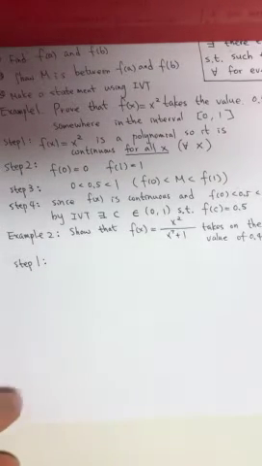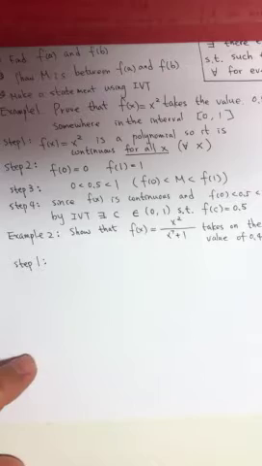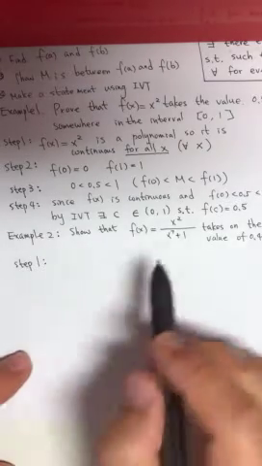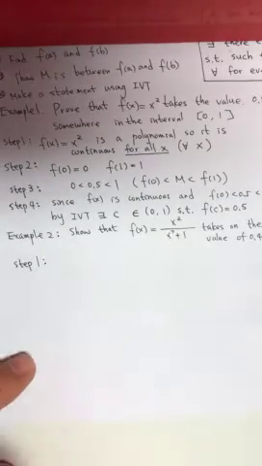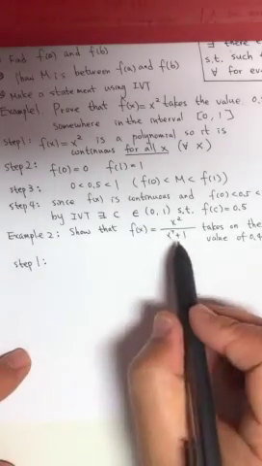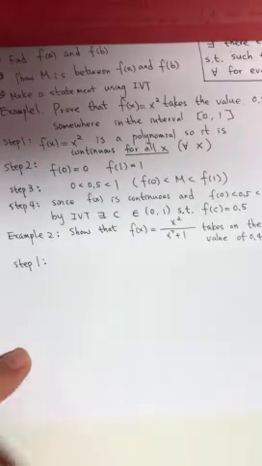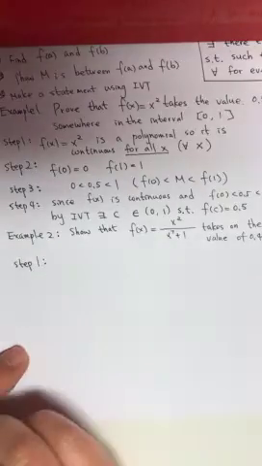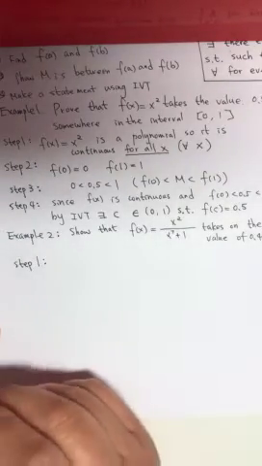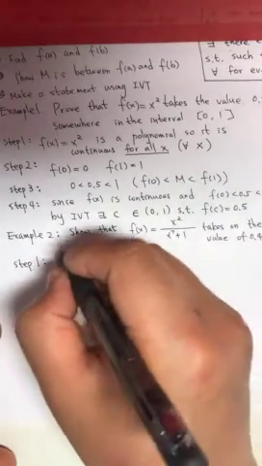So I'm going to let you take a second to think about it. Is it continuous? As long as the denominator doesn't equal 0. If you don't have anything that makes the denominator equal to 0, that should be continuous, right? So the function is continuous.